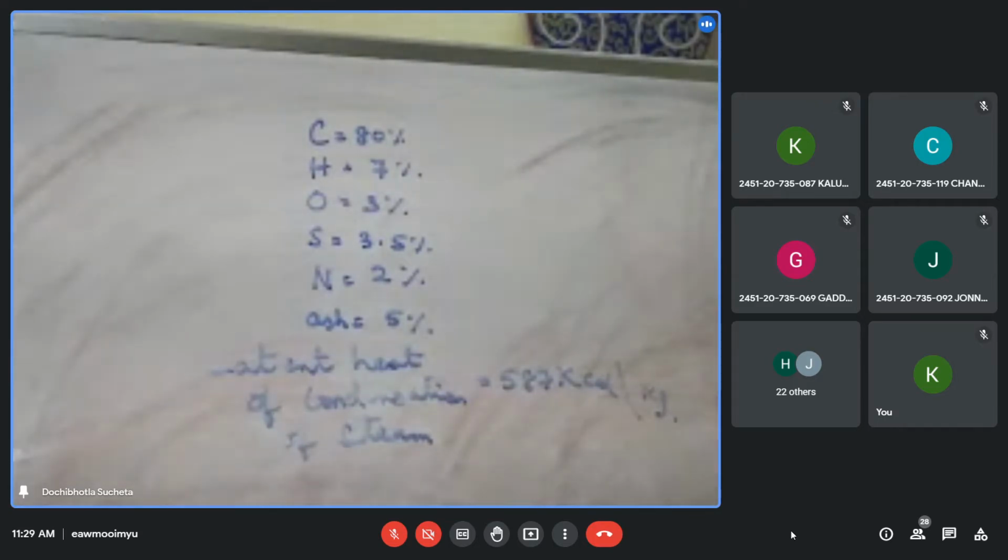You can just directly substitute the values.